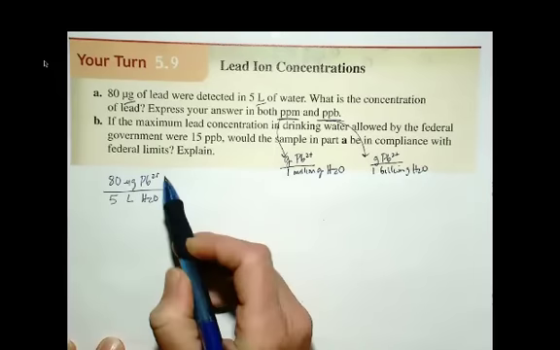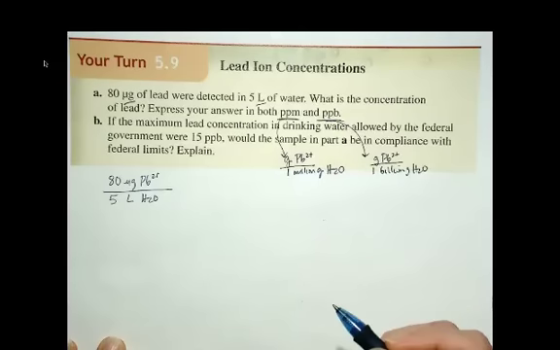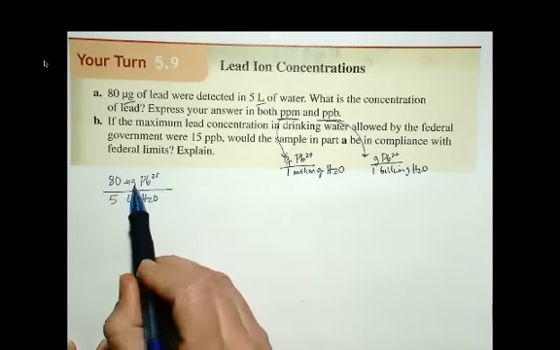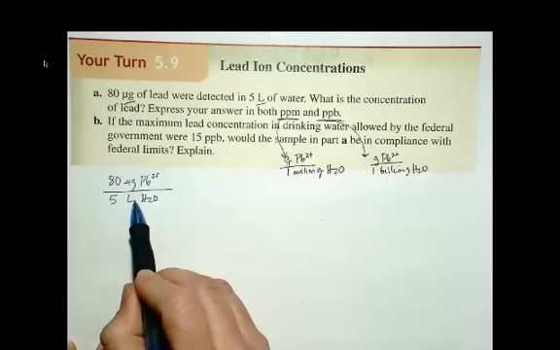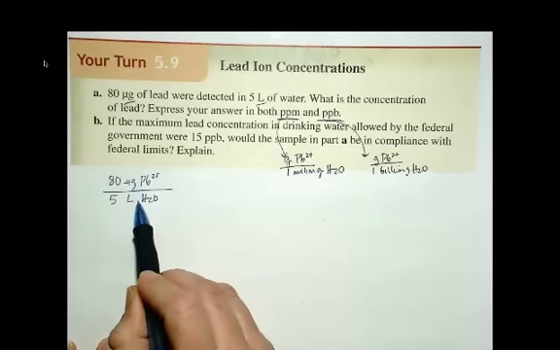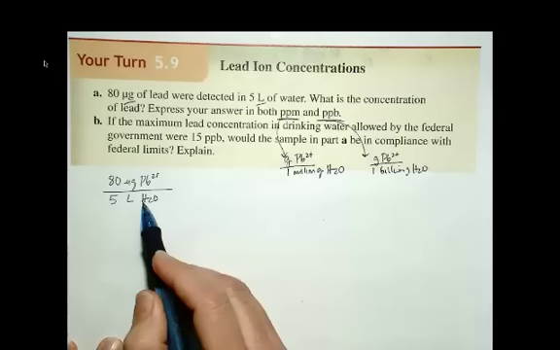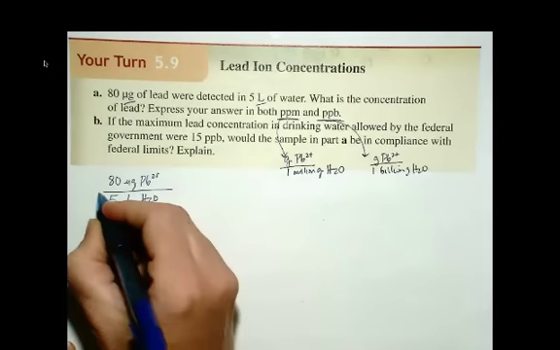Okay, so we want to go from micrograms per liter to these units. How are we going to do it? Well, we're going to convert this to units of grams and we're going to convert the liters to units of billion or a million grams first. Okay, so first of all, this is what we're given.